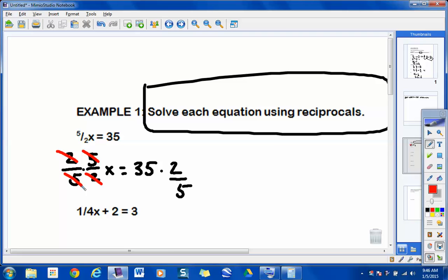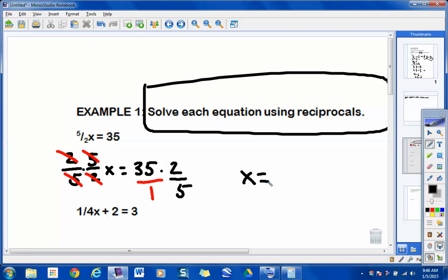Now in our toolbox we said if you ever have a whole number like 35, you probably want to put that over 1. Let's do some calculating to see what we get for a solution. We've got the x alone, so x equals.